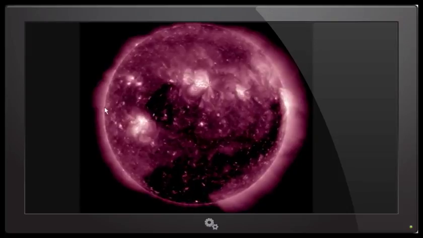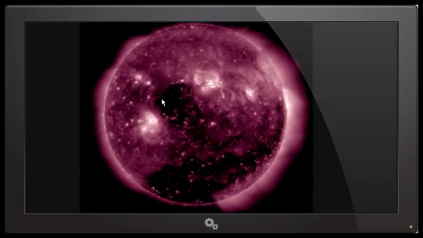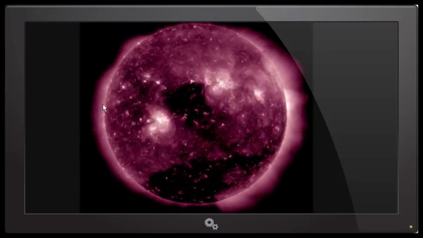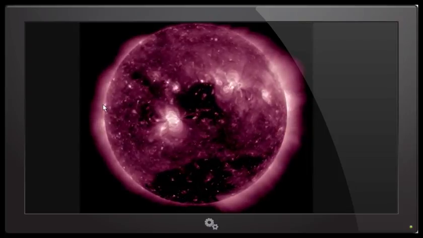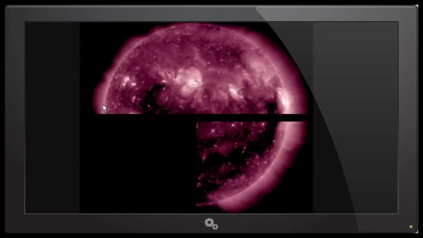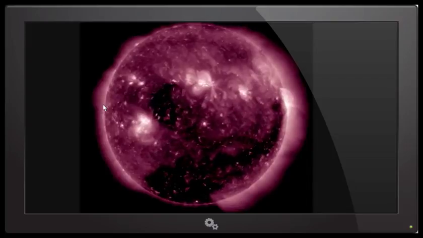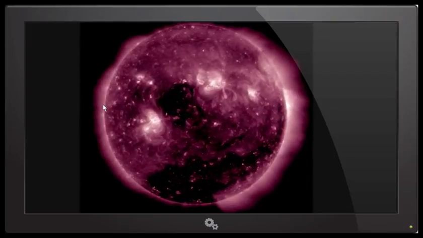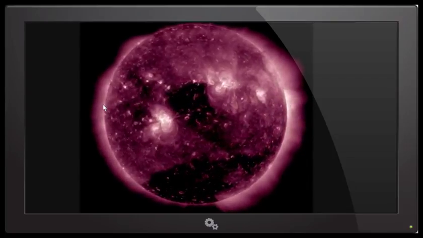And so you can see very clearly how this coronal hole is coming from the left as the sun rotates. Now, ladies and gentlemen, there is absolutely no doubt something is interacting with our sun, and it is causing damage to our sun.